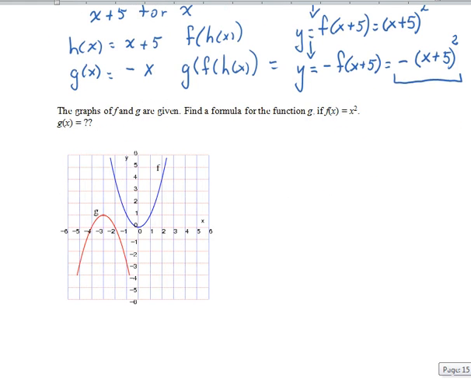We have one last example where we're given functions for f and g, and we are asked to find the formula for g, having been given that the formula for f is x squared. So we're starting with f of x equal x squared.